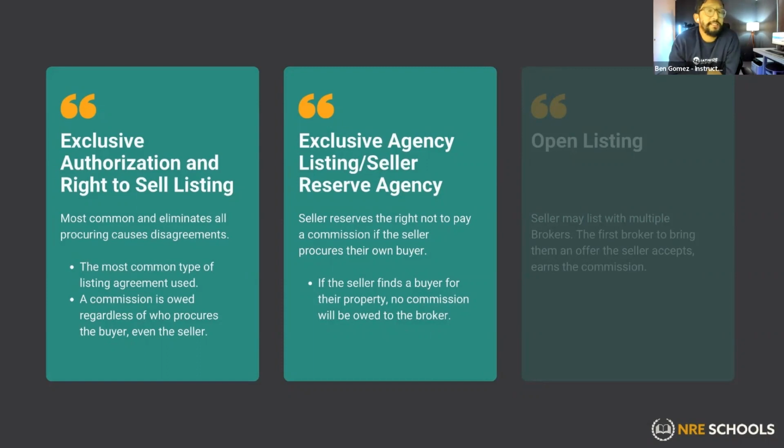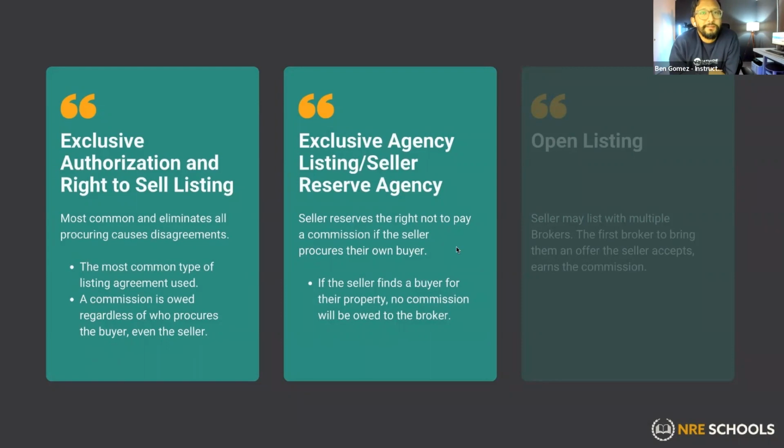So using the same example, Michelle's sister. Michelle hires me to sell her property, but instead we do an exclusive agency. If Michelle brings the buyer, a commission will not be owed. If the seller finds a buyer for the property, no commission will be owed to the broker.